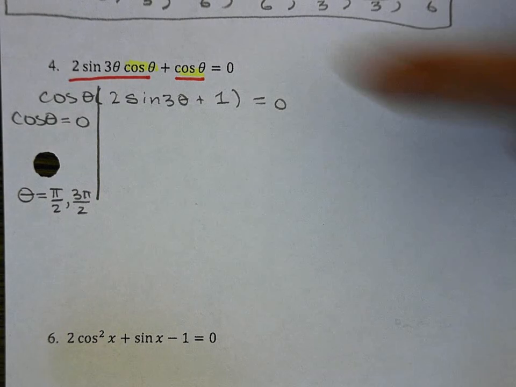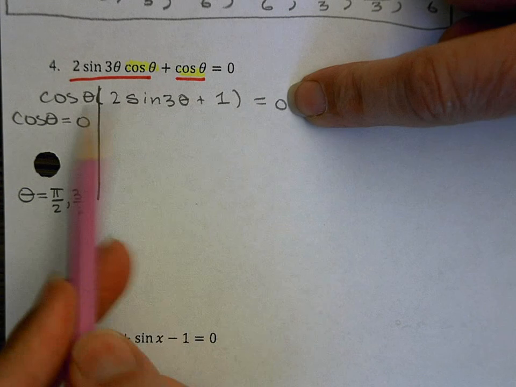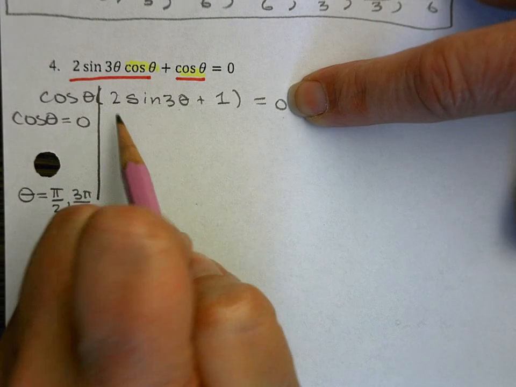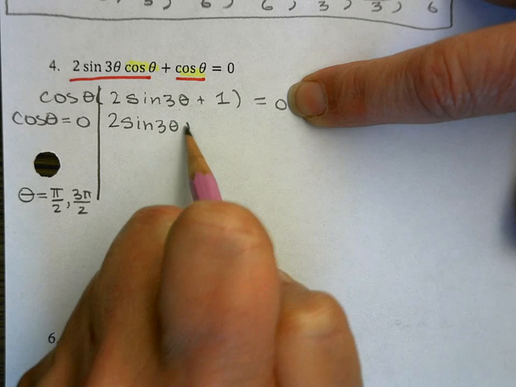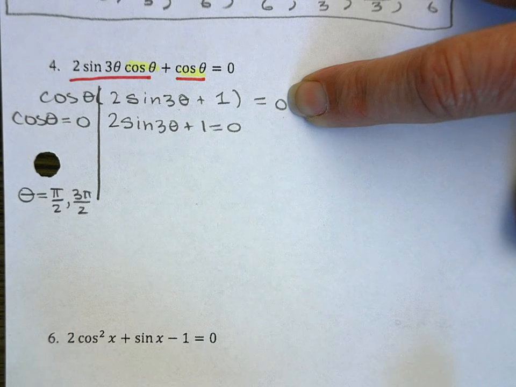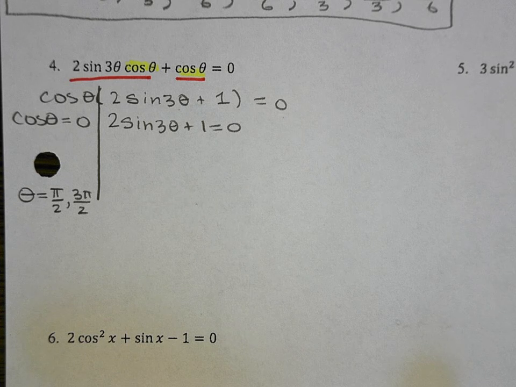And so then I have this other factor that I want to solve, and I can solve it separately because I'm using the zero product property, so equal to 0. For me to solve that, I want to isolate the trig function just like I have done before.